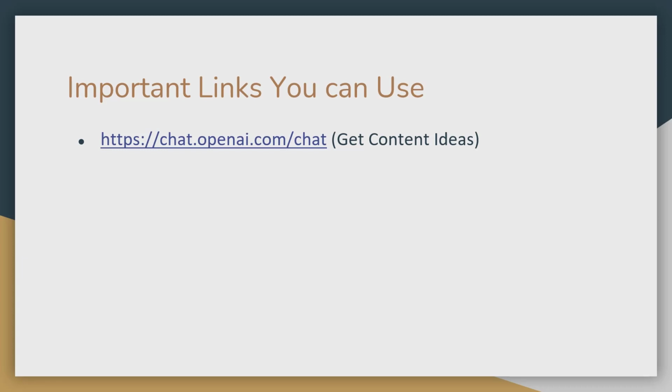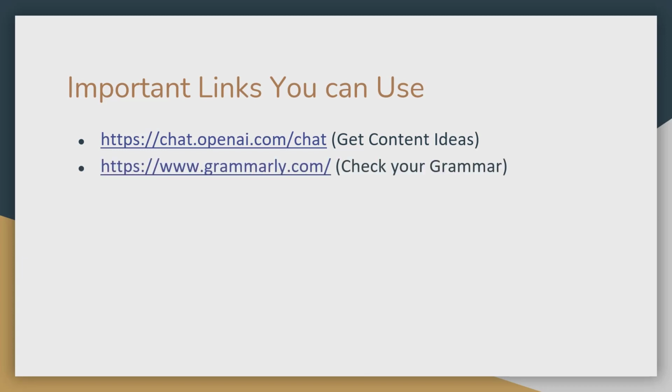You can get many content ideas from it. Just tell the tool that you need content on this topic, or for this particular university, or the course curriculum of this particular course, and it will give you some ideas. Please take those ideas and write in your own words.